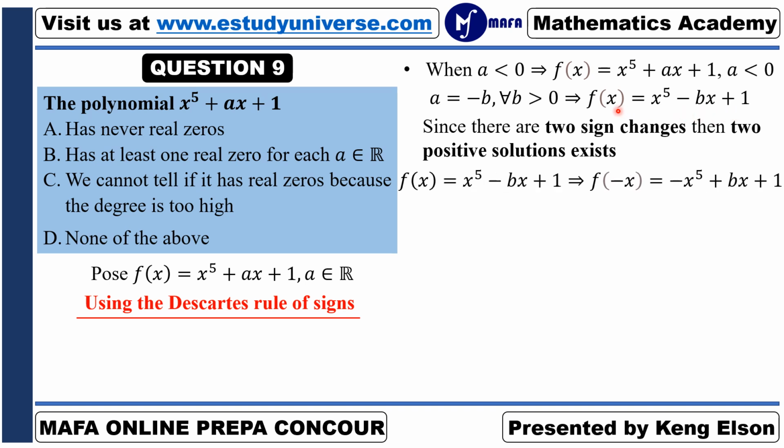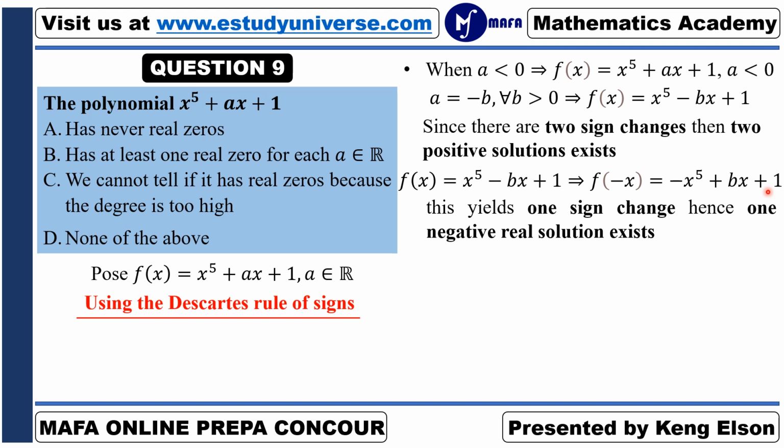Now let us look for f of negative x. We get this. Now how many sign changes are here? We have negative to positive is one sign change. Positive to positive is no sign change. So there is one sign change here, therefore one negative real solution. So when we add the two positive and the one negative, we have what? Three real solutions, two positive and one negative.